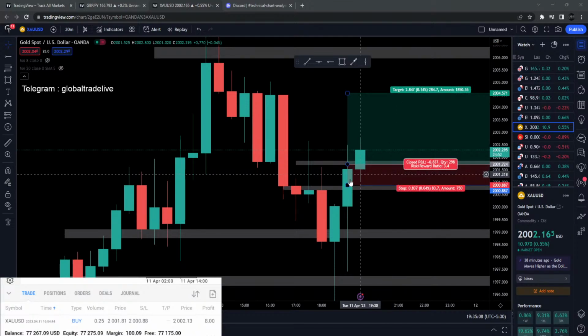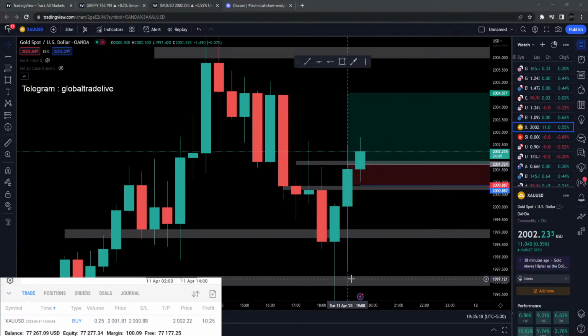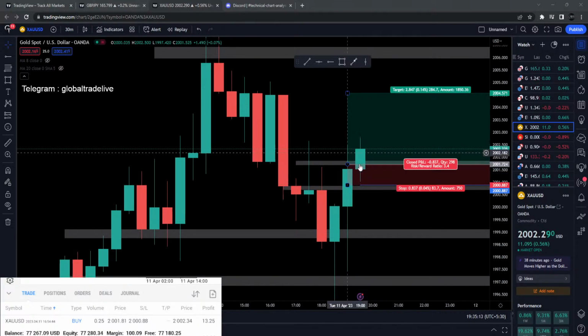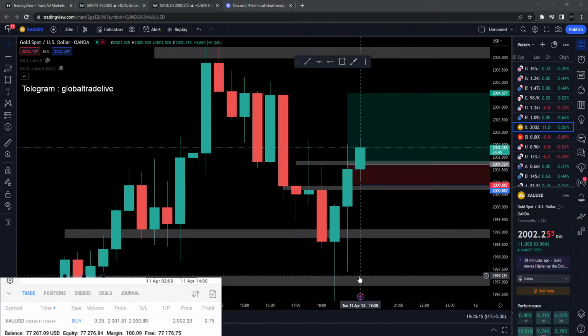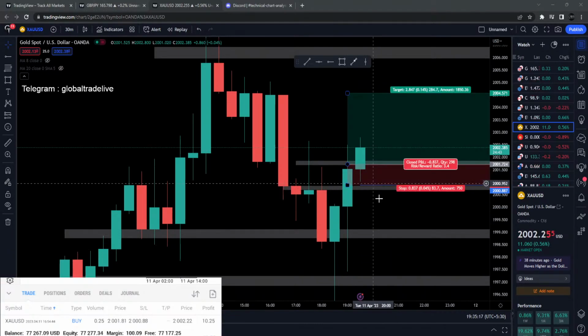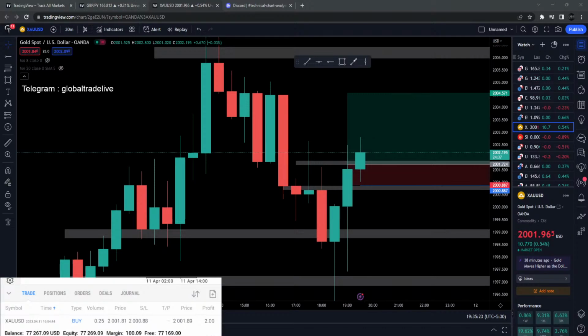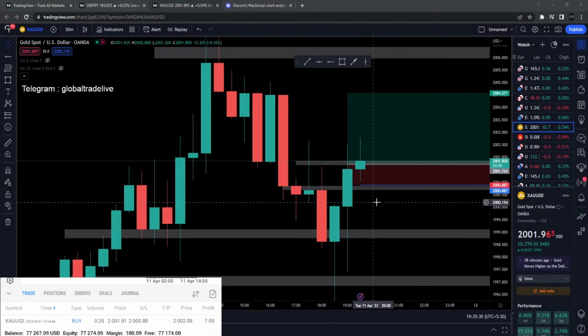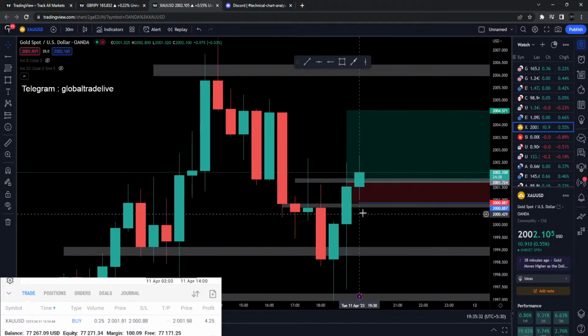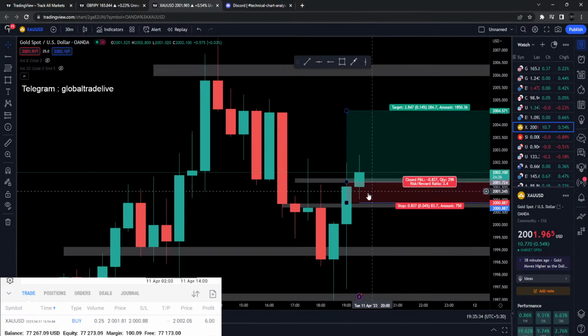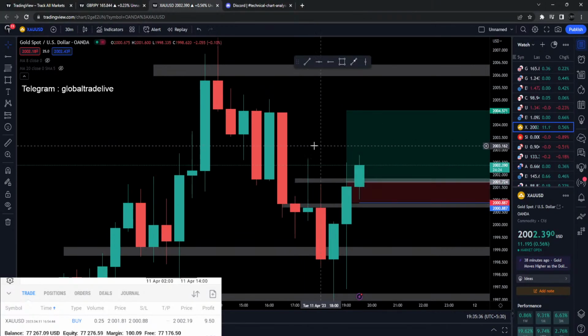And the third where we managed our risk is we just shifted our stops below the current candle's low, which literally reduced the stop loss so much. So what people do is they really forget to do these things, and eventually they end up losing their money because they forget to shift the stops or lower their lot sizes, et cetera.